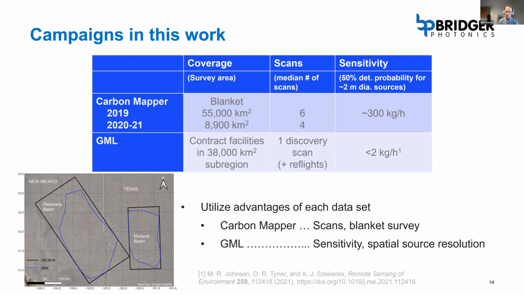Carbon Mapper achieved really impressive levels of scale with a huge blanketed survey and a large number of scans for every facility. Whereas for GML, the value added is sensitivity, and as we'll describe in some of the next slides, spatial source resolution going very fine, down to about 2 meters.